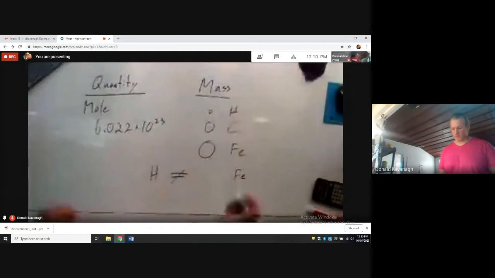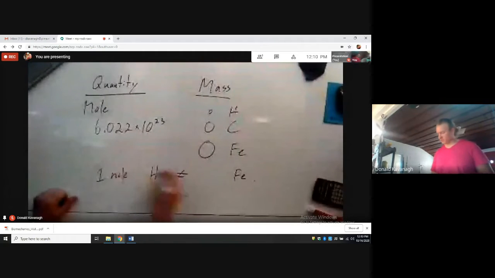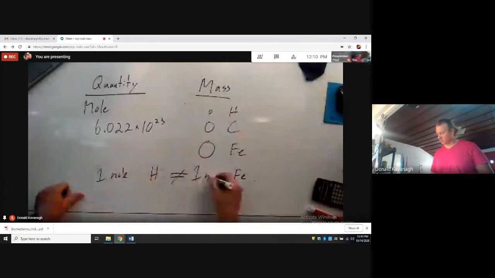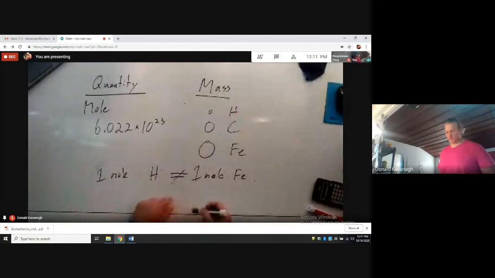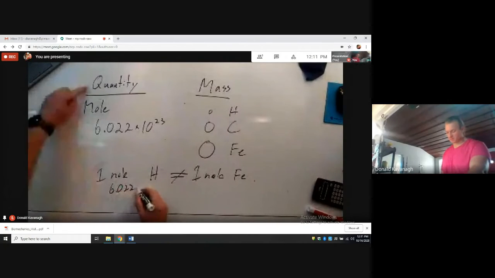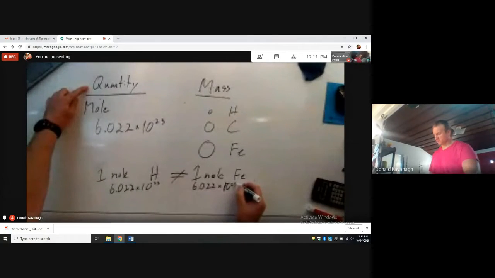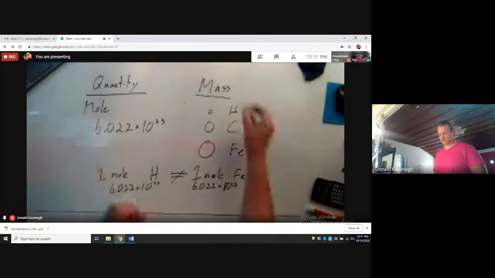If you had 1 mole of hydrogen atoms and 1 mole of iron atoms, again, they would not weigh the same. It would be the same quantity, but not the same mass.